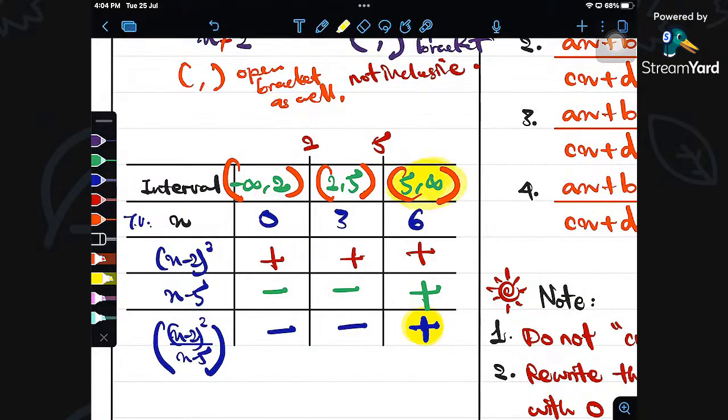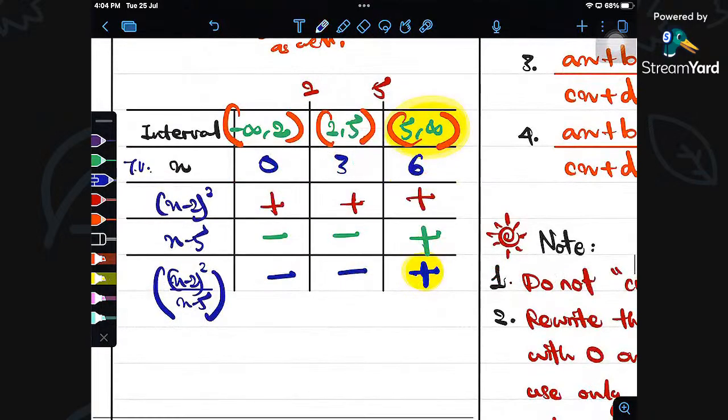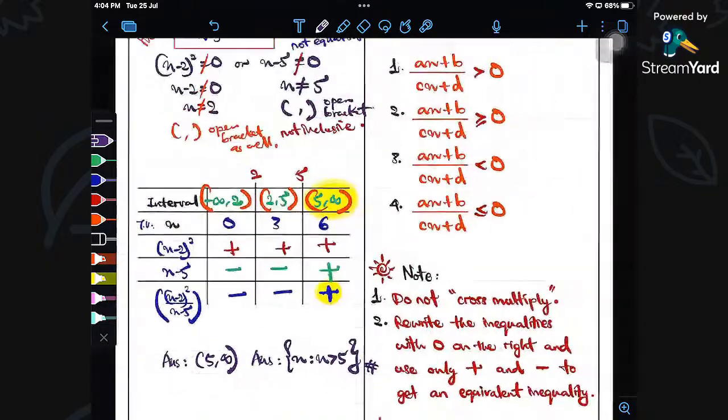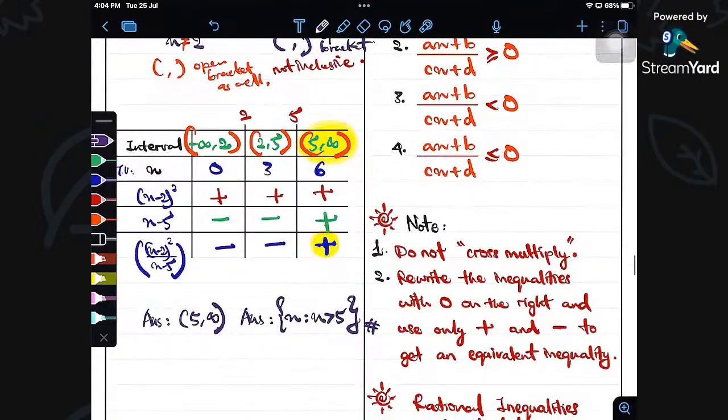Therefore, this is the only answer. So the final answer is therefore 5 until infinity only. This is the final answer, or in set notation, it becomes x is more than 5, not included. That's it. That is the answer for my last question.